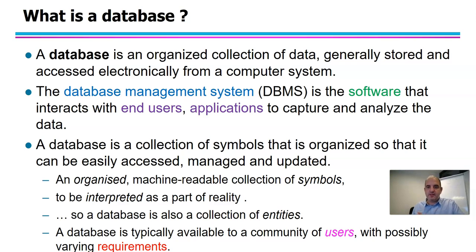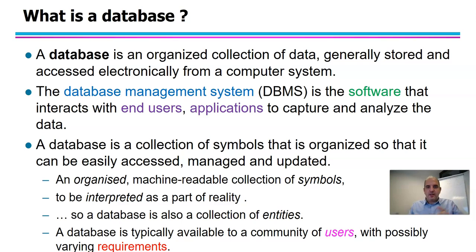It can be any symbol, but it is organized. Okay. So it is organized, and it shows as a part of reality. So as I mentioned before, data is a footprint of reality.